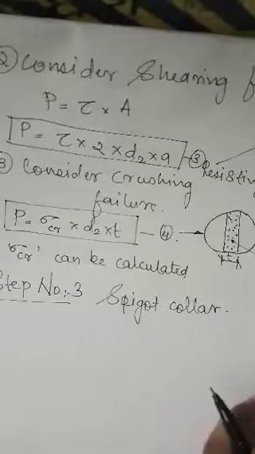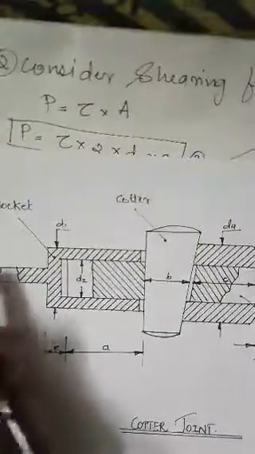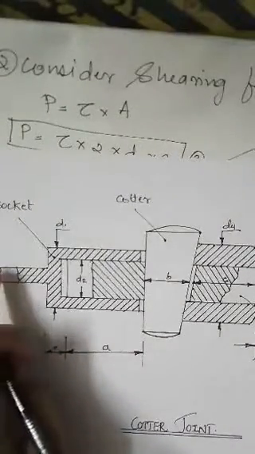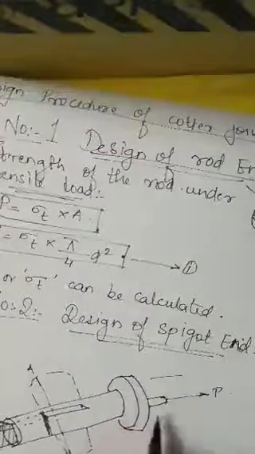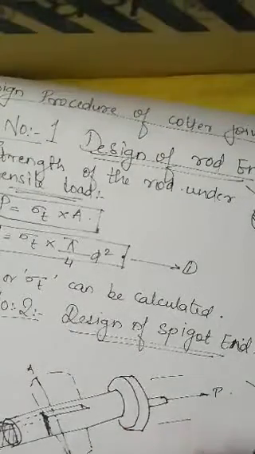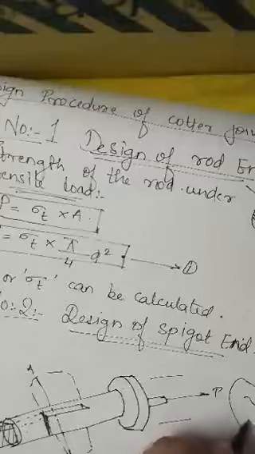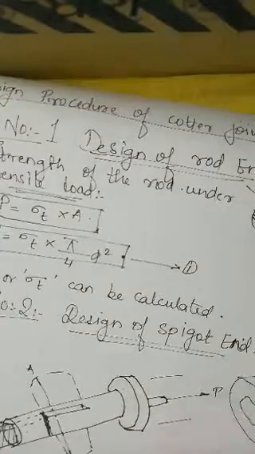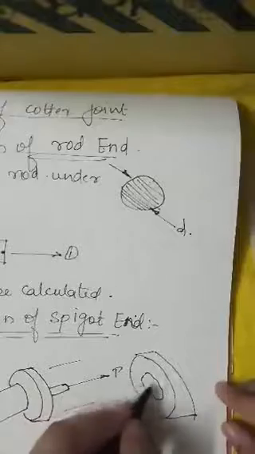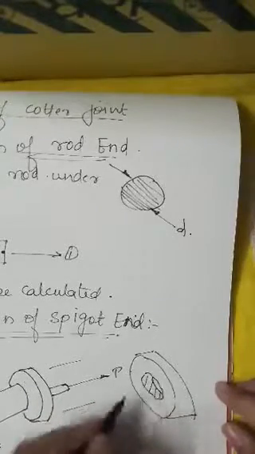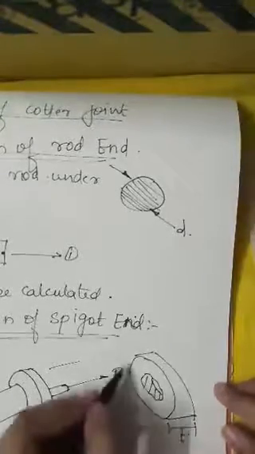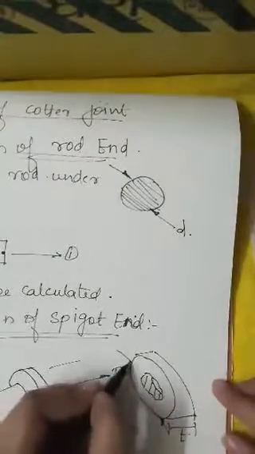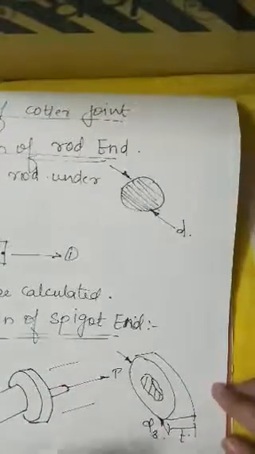Because if there are compressive forces, this round collar will come out and become a ring, with thickness T and diameter D3.